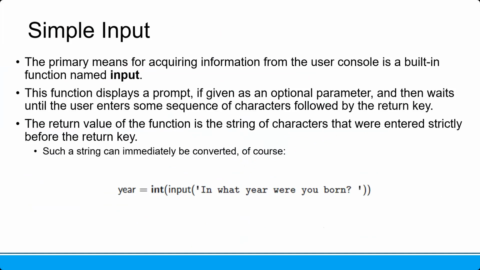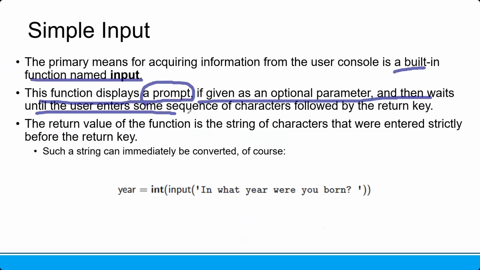Input. The primary means for acquiring information from the user console is a built-in function named input. This function displays a prompt. A prompt means a question to the user. If given as an optional parameter, it then waits until the user enters some sequence of characters followed by the return key.